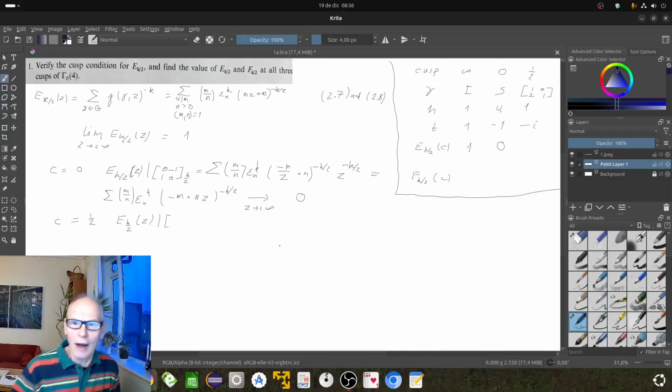I was right. This matrix, it doesn't matter here when it's naught, but it will matter when we have the next cusp. So the matrix is this guy, and t is minus the imaginary unit.